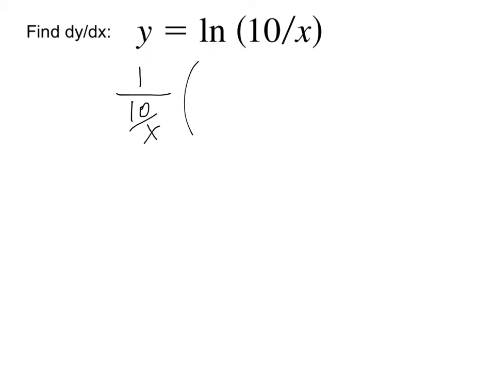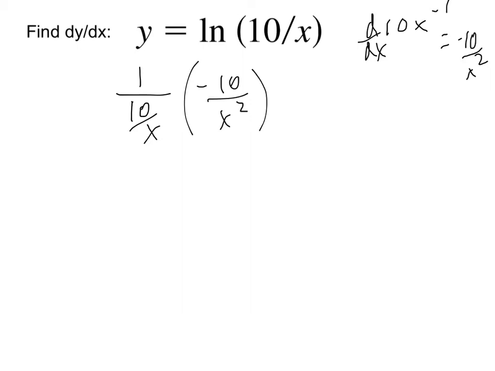Let's see, 10 over x is the same thing as 10x to the negative first. So the derivative of that is equal to negative 10 over x squared.